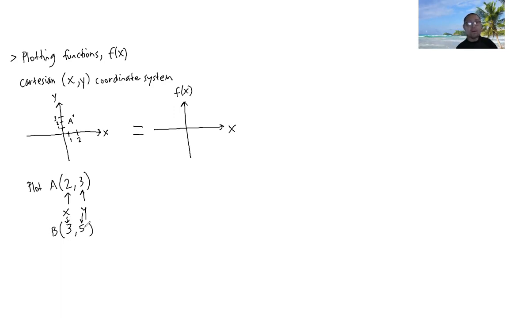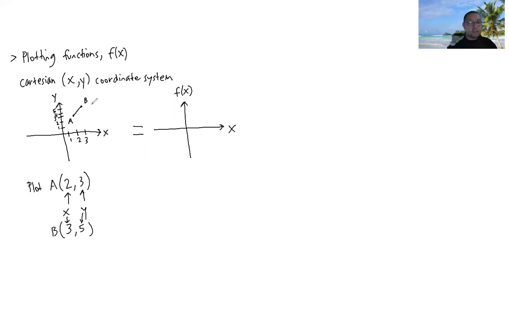From there, we're going to go up 5 times. And then you can connect A and B with a line. And that's your line segment going from A to B.